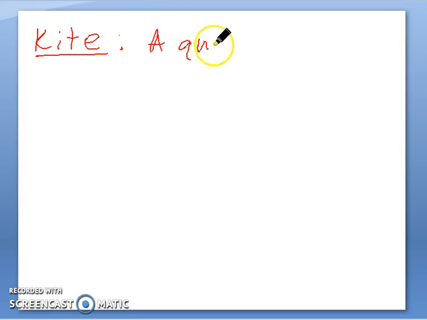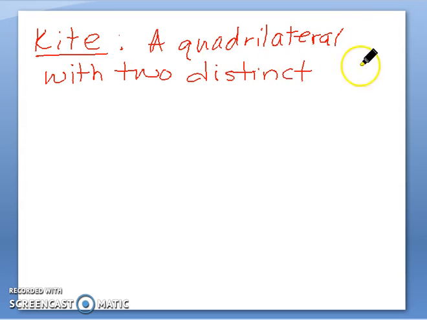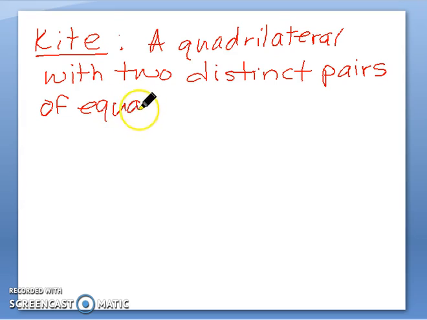A quadrilateral with two distinct pairs of equal adjacent sides.